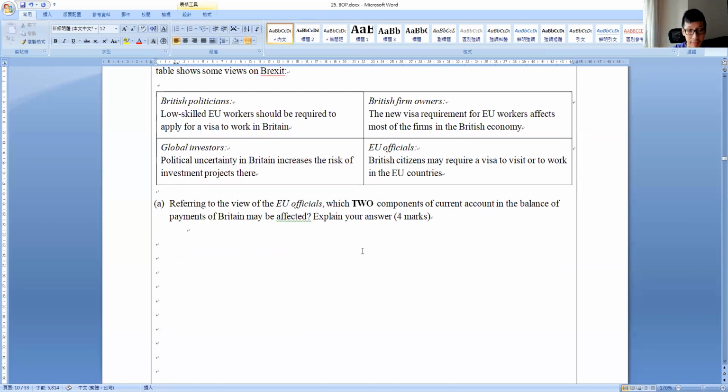Now, because of the visa limitation, so for one 係咪 we have 2 ways 係嘛，有2個 component. For one, okay, of Britain 係啦，Britain 啦，okay.